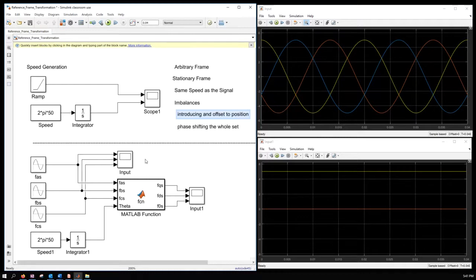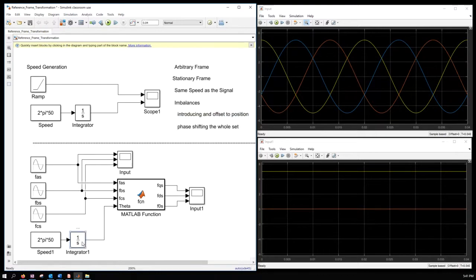If you have a relative misalignment between the actual speed and the reference frame speed. So the speeds are the same, but they start at two different positions. Amplitude shift. You mean in the AC signals or the DC signals? Okay, for the DC. Okay, let's see.